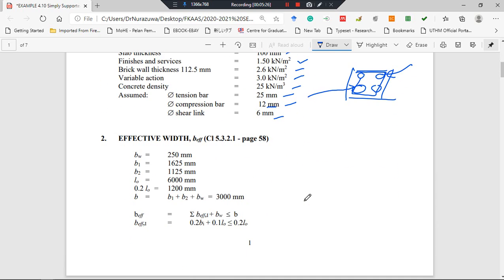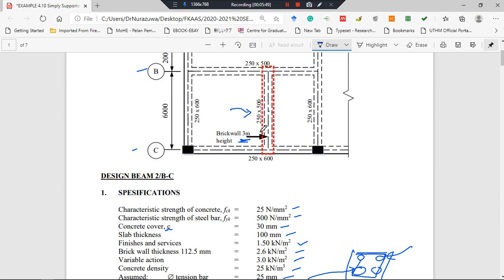The first step is to calculate the effective width, based on clause 5.3.2.1 from Eurocode 1992 part 1-1, on page 58. This is the T-beam, and the width of the web of the T-beam is 250 because the earlier proposed size is 250 here.